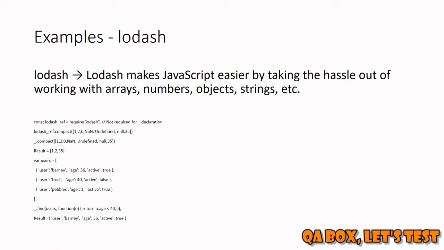Find is going to return the first matching object, which would be Barney. If you look at the third object, at index 2, the criteria is matched there too, but find will find only the first element, as it always starts with index 0. If you do underscore dot findLast, then that one would be returned.